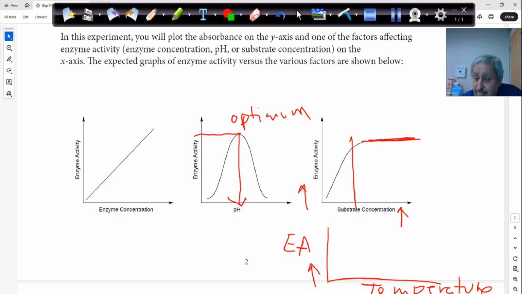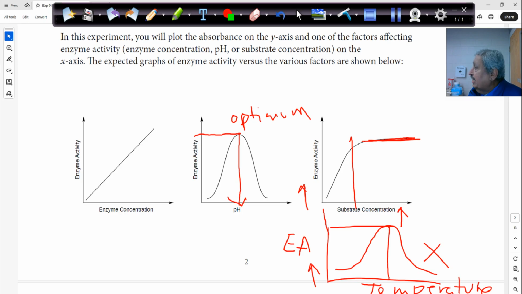Now the same thing with the pH here, there is an optimum temperature for the enzyme activity to work on. The enzyme will not work at every temperature. So we'll not do this, but at least you know the pH and the temperature are related by the optimum of their values to the enzyme activity.